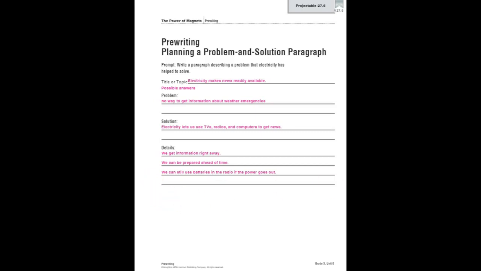All right, draft your problem and solution paragraph in a model that looks similar to what is on your screen. You can make sure that your topic sentence states the problem that you're discussing, and then that the supporting sentences following that give details about how the problem is solved, and then your conclusion sums it all up.